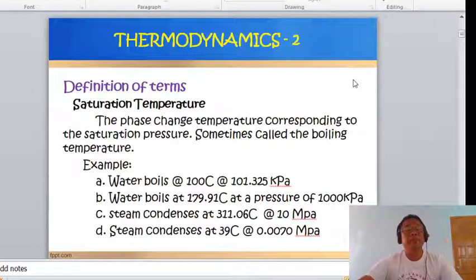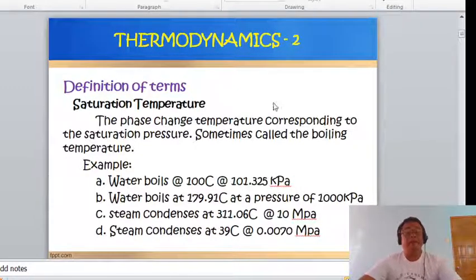In this definition, water boils, of course, at 100 degrees Celsius, and at a pressure of 101.325 kilopascal, or atmospheric pressure. Take note that water will not only boil at 100; it also depends upon the pressure corresponding to the temperature given.